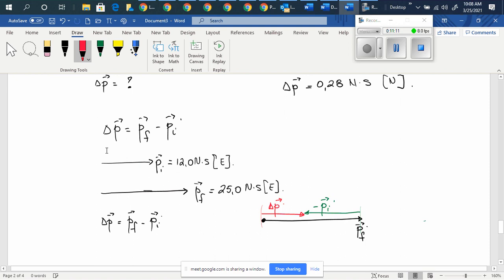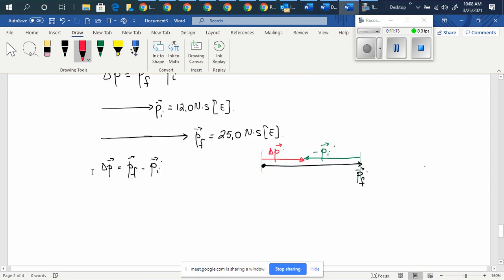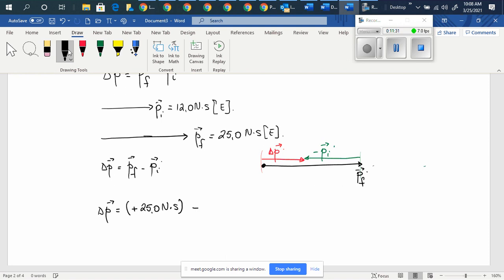This is vectorially. Now let's see mathematically what we will do. The change of momentum will be P final going east. Is it positive or negative? Positive 25 newtons times seconds, minus, from the formula, 12 newtons times seconds going east.